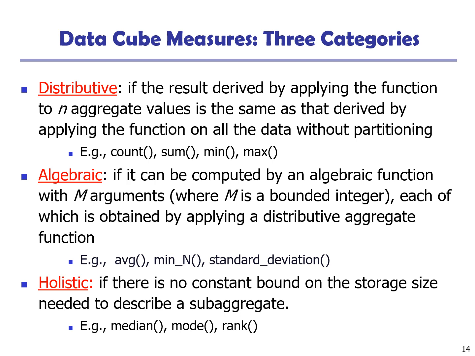Algebraic measures are measures that we can compute based on a function that we pass an argument to, for instance the average, the standard deviation, or the minimum of a sub-part of data, so not the whole set. Or we can also compute holistic measures, such as median, mode, and rank.